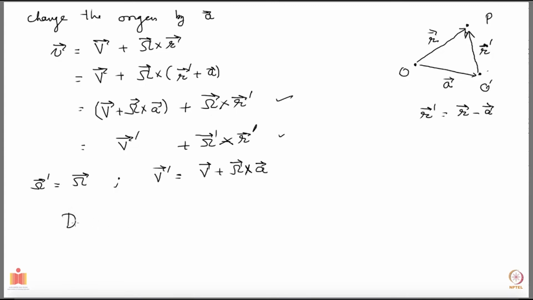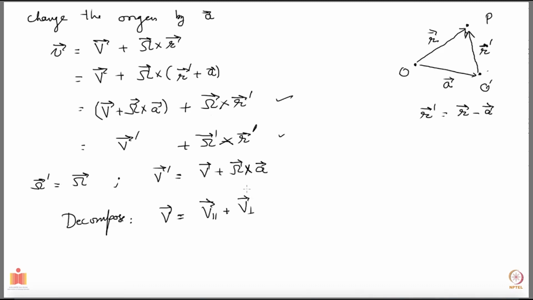So let's decompose V as V parallel, and by parallel I mean parallel to omega, so the direction of your rotation axis, and then V perpendicular. So you look at the plane perpendicular to the axis, and your V is getting decomposed in these two. One is parallel to omega, and the remaining components lie in the plane perpendicular to omega.